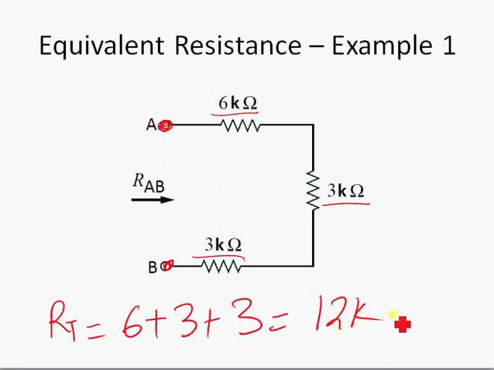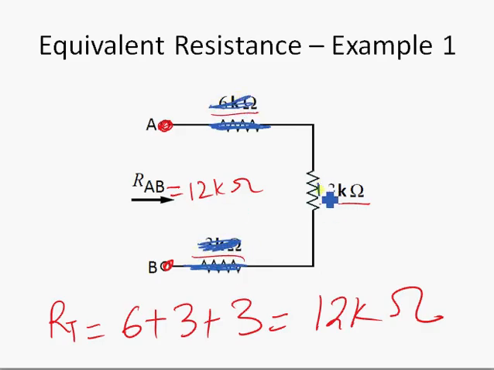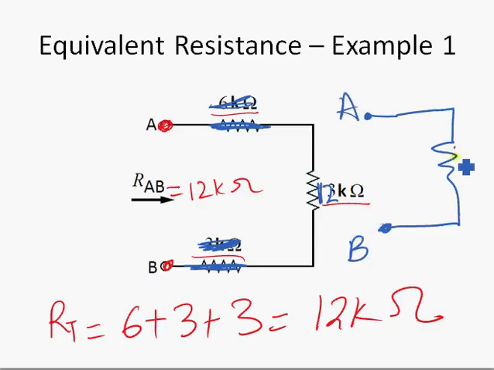So RAB is equal to 12 kilo ohm. In other words, we can replace this and this with a simple wire and make this a 12 kilo ohm resistance. So essentially, between nodes A and B we have a 12 kilo ohm resistance.